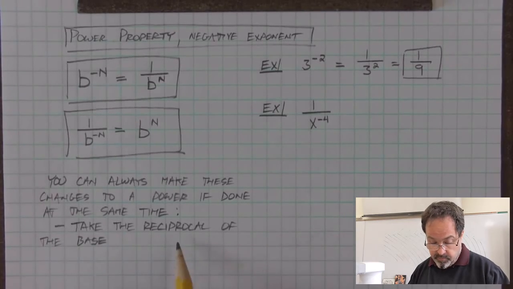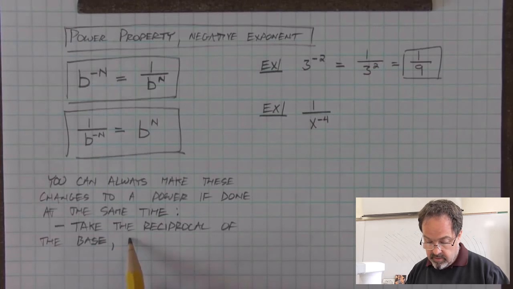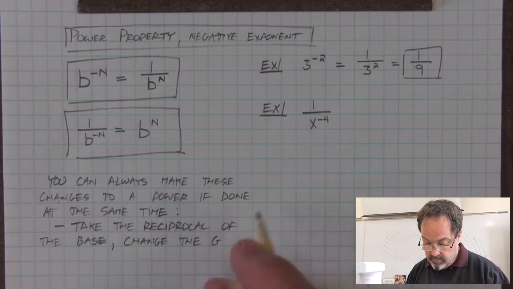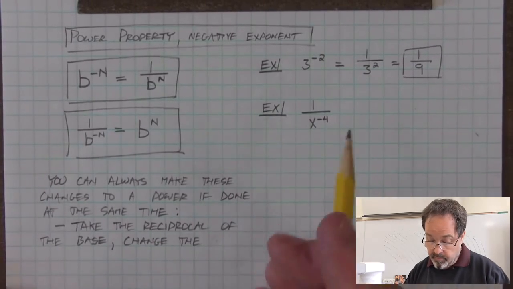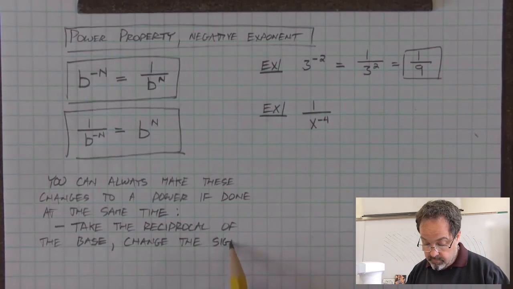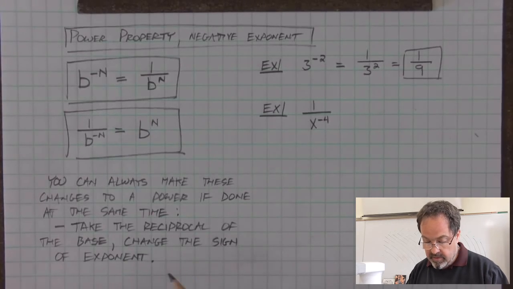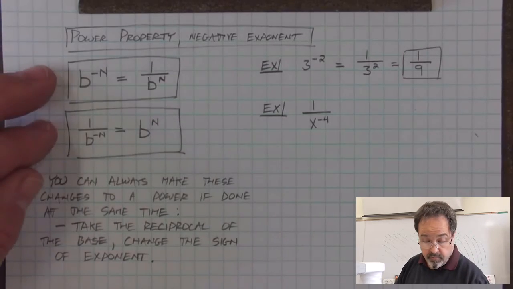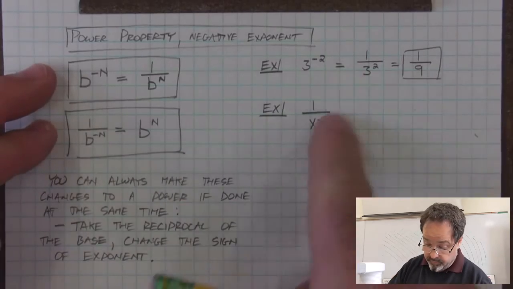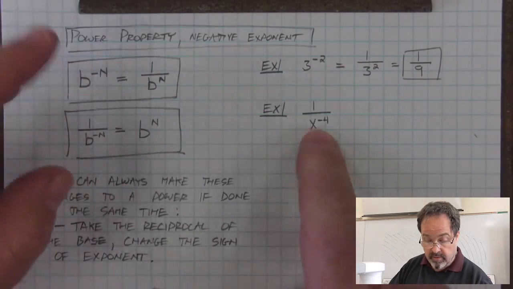So if you take the reciprocal of the base, then the second thing that you do is change the sign. Sign is in positive or negative. Change the sign of the exponent. That's what these two properties are doing, and that's what we've done when we use them.